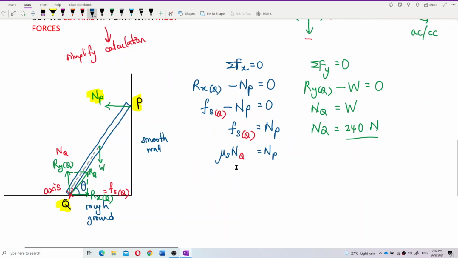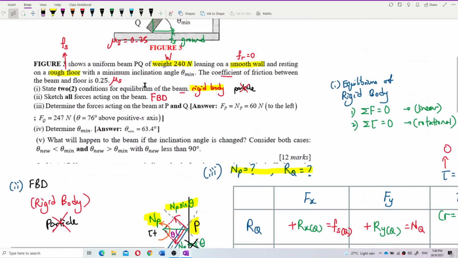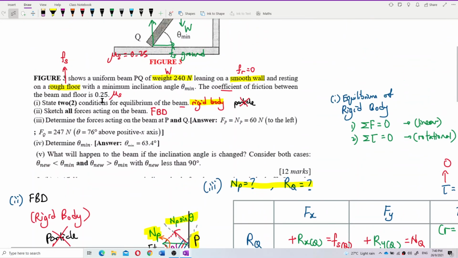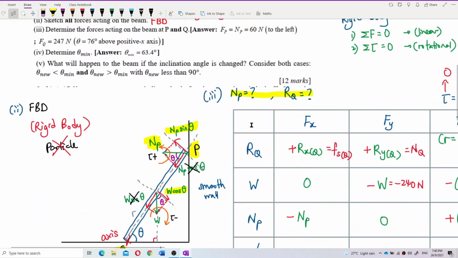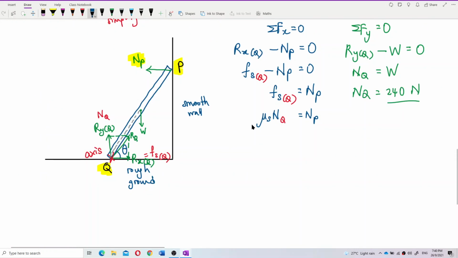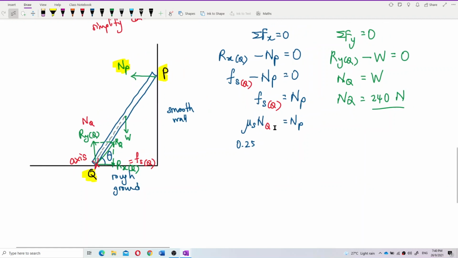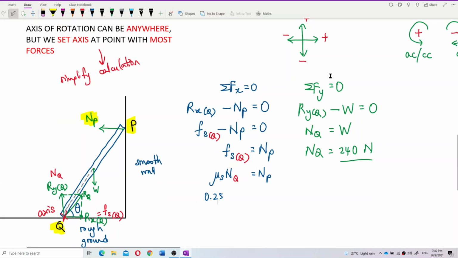Now the mu s given is 0.25. Just write it down, 0.25. And then what's the NQ? NQ is 240, which we just found from total Fy equal to 0.